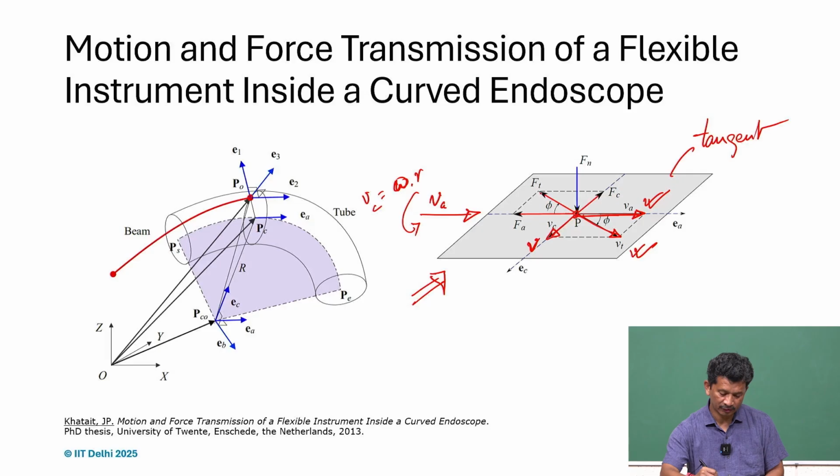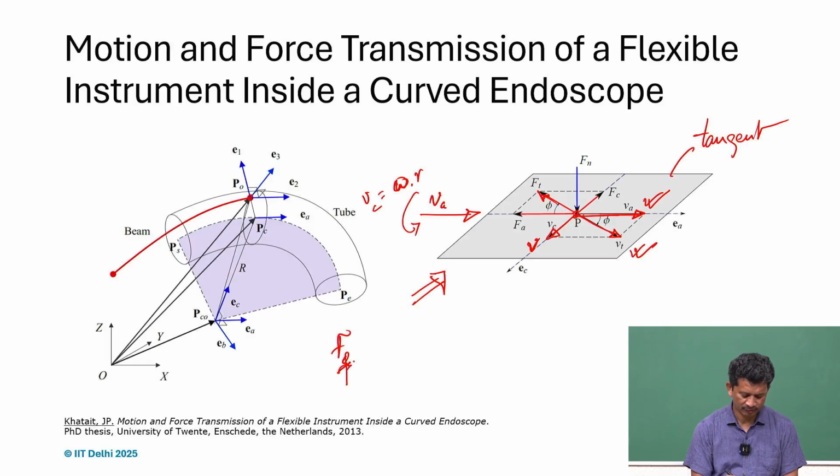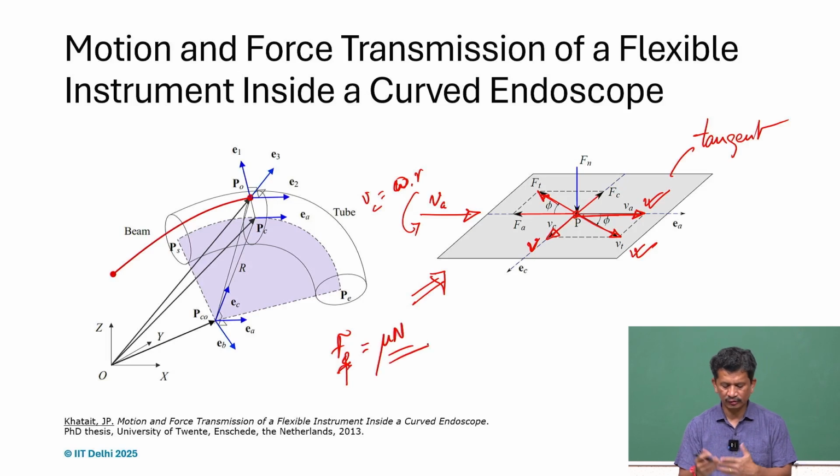and therefore for the friction force, only the direction will change. Your friction force is mu n. The magnitude, of course, depends on n. Mu we are assuming is a constant, but the direction will change because the direction of the slip velocity has changed.